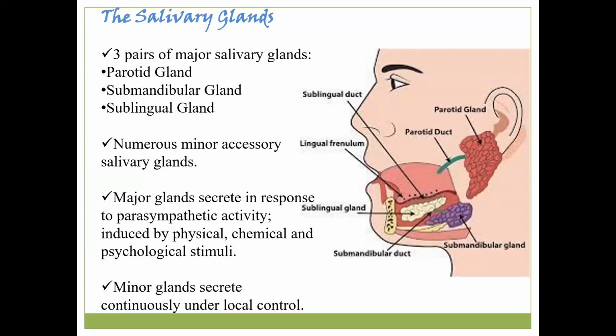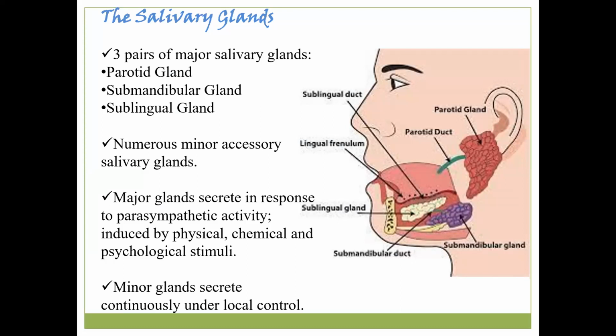So there are 3 pairs of major salivary glands. What are those? Parotid, submandibular and sublingual. So apart from them, there are several minor salivary glands. But the 3 glands I have mentioned earlier are the major salivary glands.